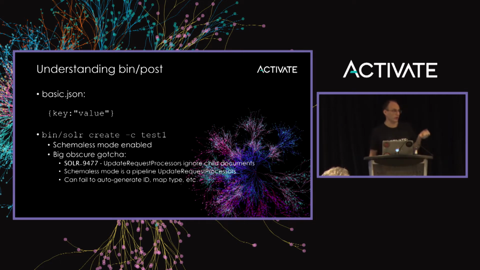So if your parent document in a schemaless mode has a field that hasn't been defined yet, it will work. If your child document has a field that hasn't been defined yet, it will trigger that bug, and it will say, I don't know what you want me to do with a child key name thing. I don't have a field for that. And you'll be going, but I have schemaless mode. Okay, it breaks down for this particular edge case.